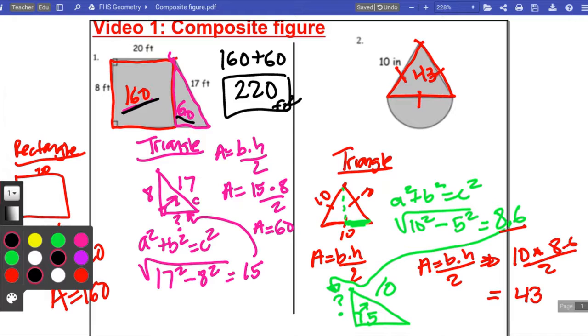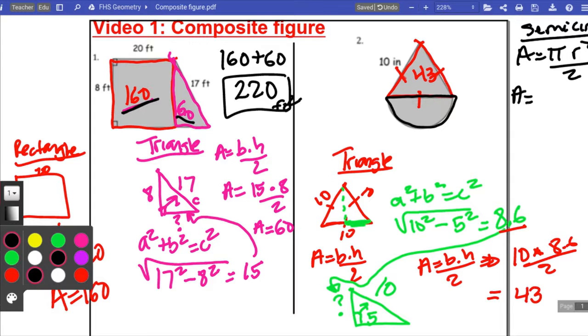Hey, I got another one. I have a semicircle. Semicircle only means half of the circle. Formula: pi times radius squared, because this is for the full circle, and because I have a half circle, you divide that by 2.